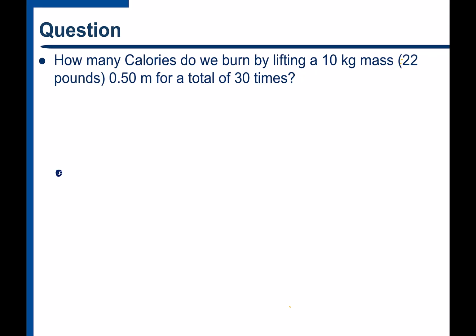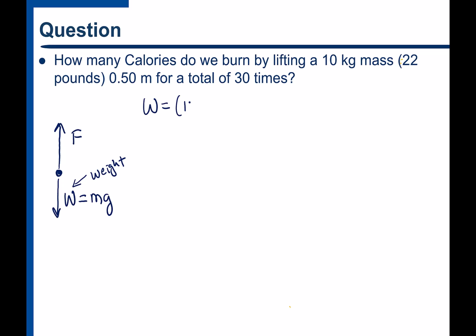Remember that if I've got an object and I want to lift it up at a constant velocity, the force that I exert is the same as the weight of the object. And we know we can calculate the weight of the object as mg. So again, remember here that this means weight. It's a little confusing because we're about to use W to mean work. So let's first calculate the weight of the object.